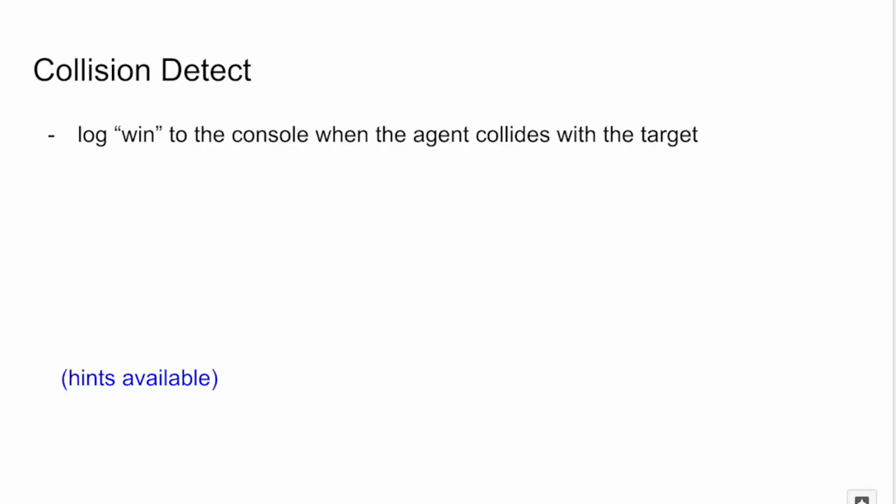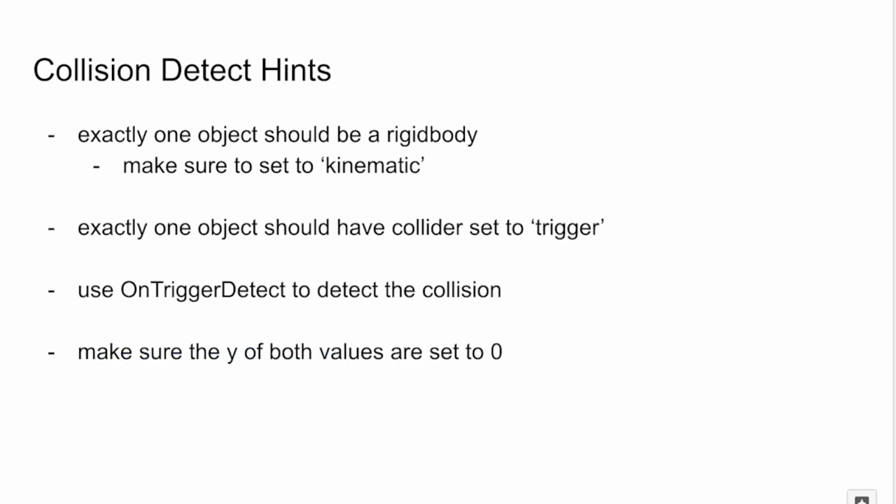All right, so now let's have a look at the hints. So there's a few hints for this one. One body, and exactly one body, should be a rigid body. Since we're not using physics, we need to set that body to kinematic. Exactly one body should have its collider set to trigger. And we can use OnTrigger to detect the collision given the thing above.